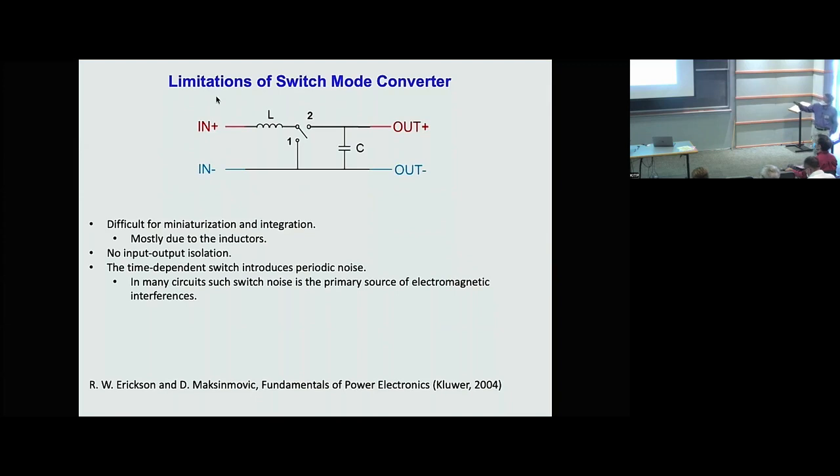Also, the input and output are connected in the same electronic circuit, so there's no input-output isolation. And this is very different from the magnetic core transformer, where electrically the two sides are isolated from one another, and therefore the noise wouldn't go from one side to the other. And finally, the switch here actually induces periodic noise.